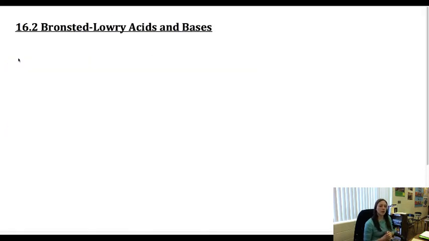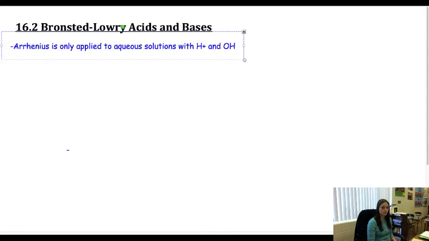Now we're going to look at a Bronsted-Lowry acid-base definition, because the Arrhenius ones aren't really exactly what we want, because they only apply to aqueous solutions, and they're only dealing with H plus or OH minus. And there are way more different types of things that are acids and bases. They don't just have to be an aqueous solution.